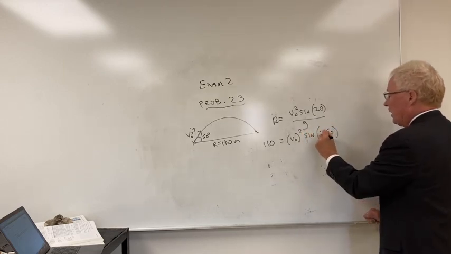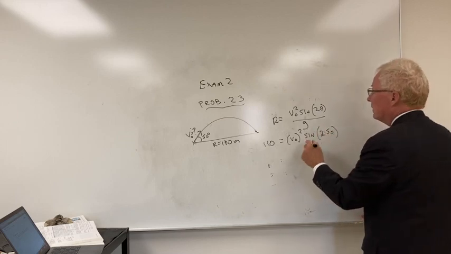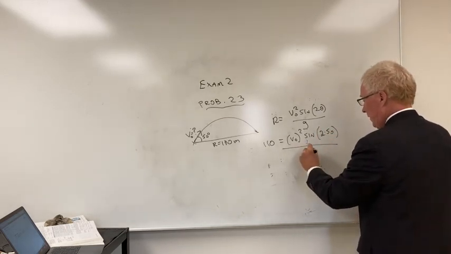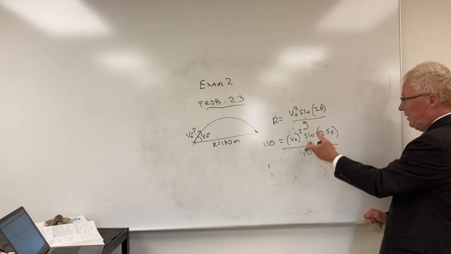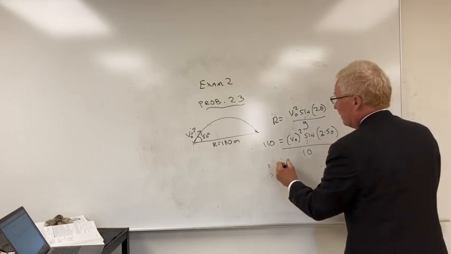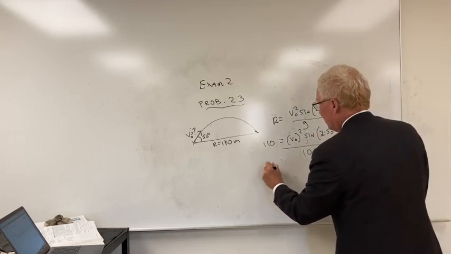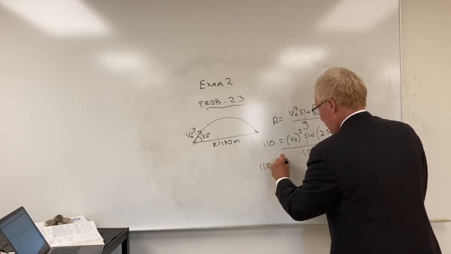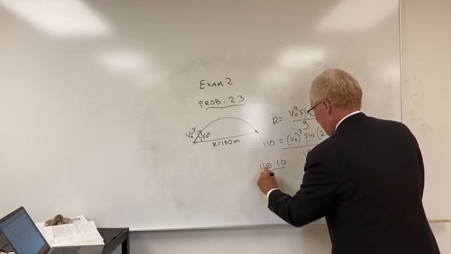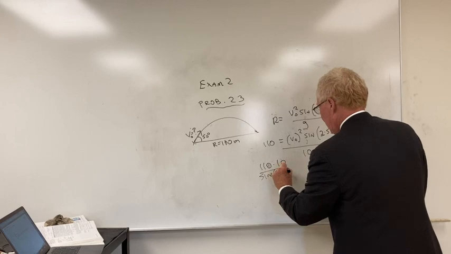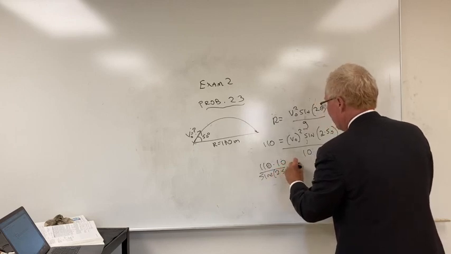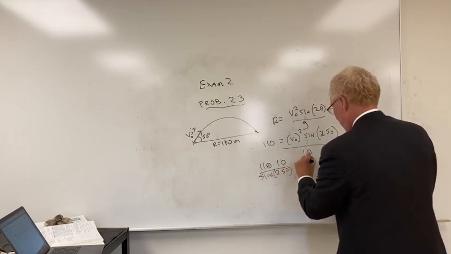So it'll be 2 times 50, not sine. So you've got to do that correctly. And again, over 10 for g, I use 10 meters per second squared. This turns out to be 110 times 10 divided by sine of 2 times 50, which equals V squared.